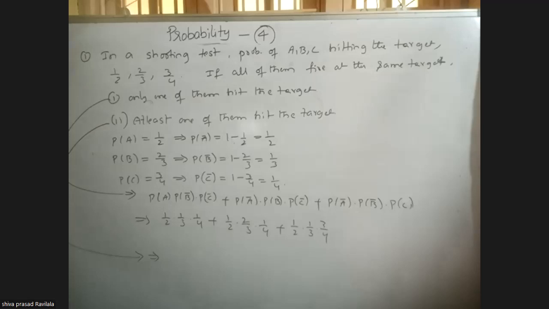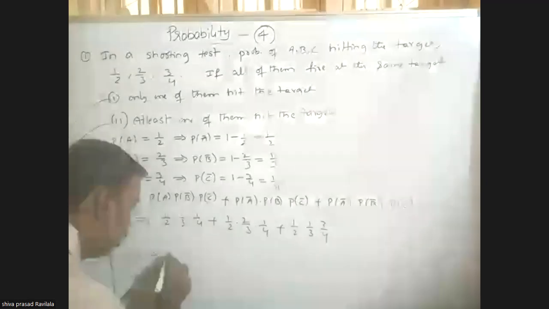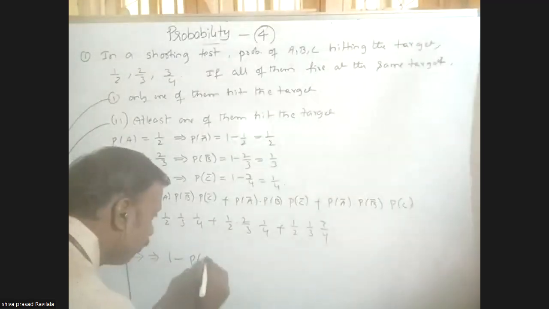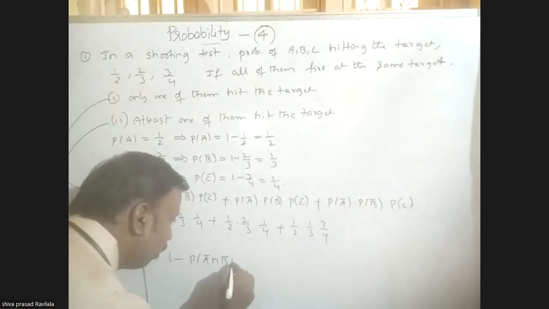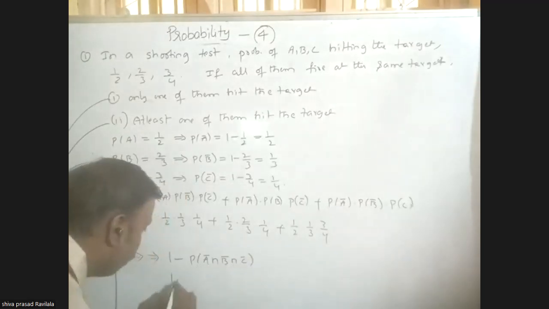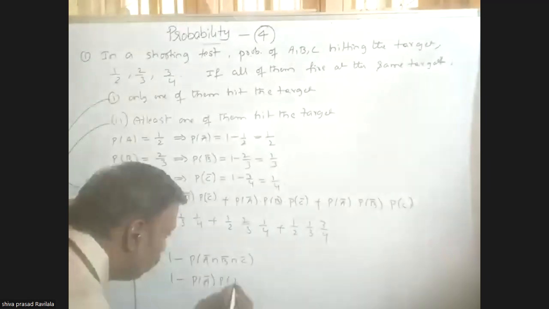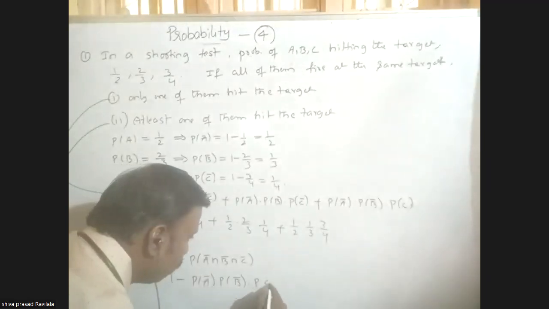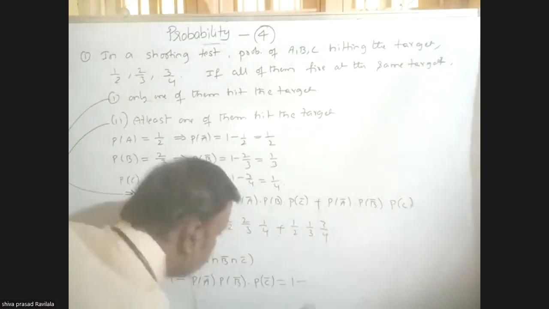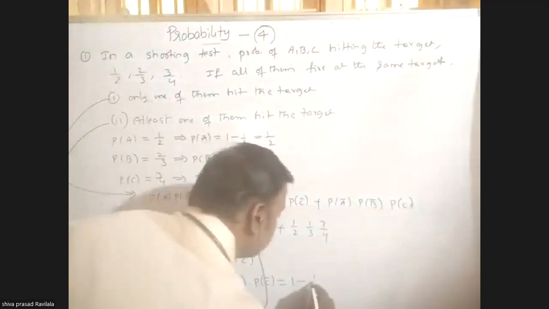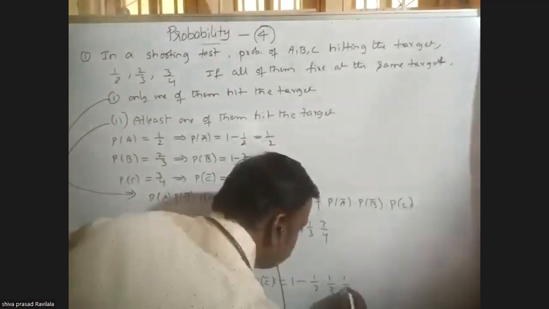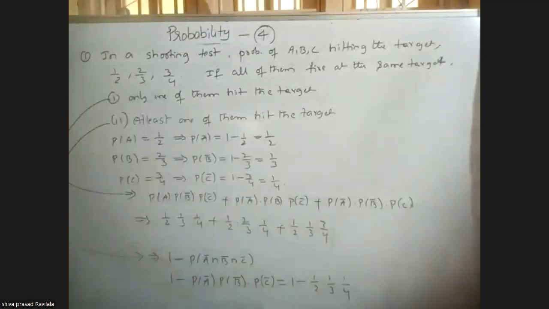Zero, all fail. Fail, not zero. 1 minus probability of A complement intersection B complement intersection C complement. That is probability of A complement into probability of B complement into probability of C complement. 1 minus all complements: 1/2 into 1/3 into 1/4. 2 3 are 6, 6 4 are 24. 1 minus 1/24 is 23/24.